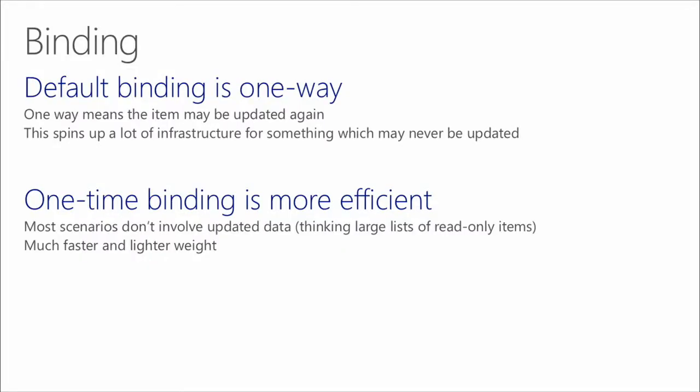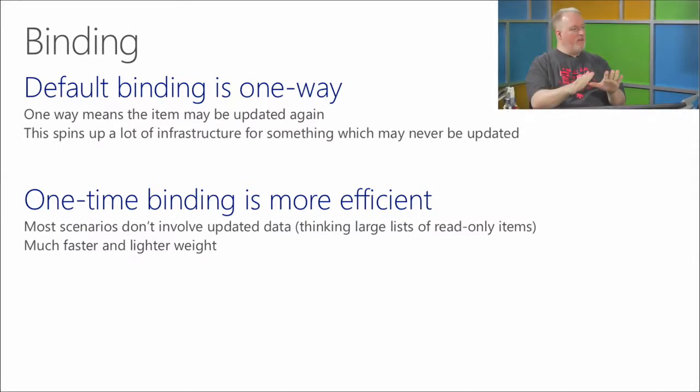So cool. I'm going to jump right in here to some XAML stuff, because that's what I do. If you're looking at binding performance in XAML, I like MVVM as a pattern. I like data binding as well, but I do know that there can be a performance cost to that. And the default binding in XAML is one way.